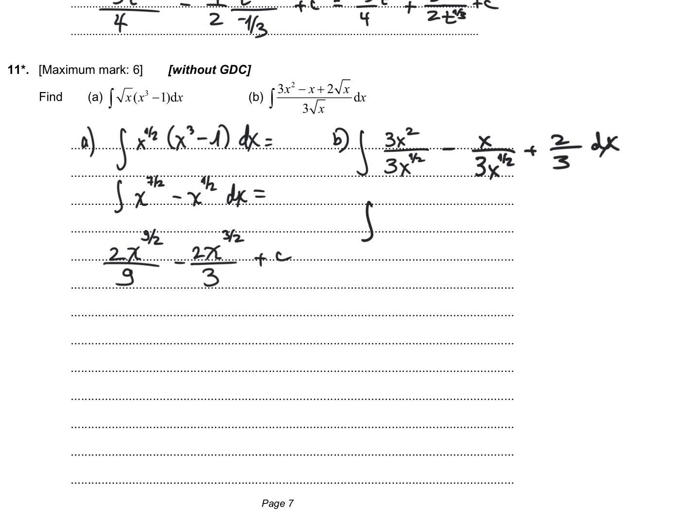Okay, so then combining, we're going to have the 3's cancel, and then subtracting, we're going to have x to the 3/2 and then minus 1/3, and that's going to be 1 minus 1/2, so x to the 1/2 up top, plus 2/3 dx.